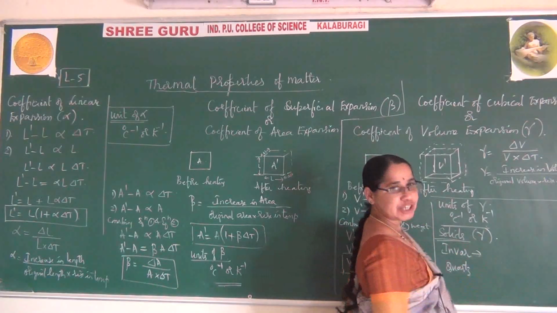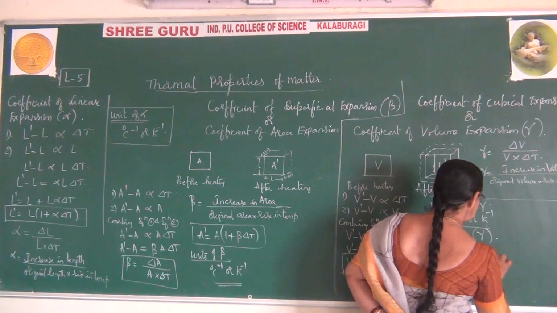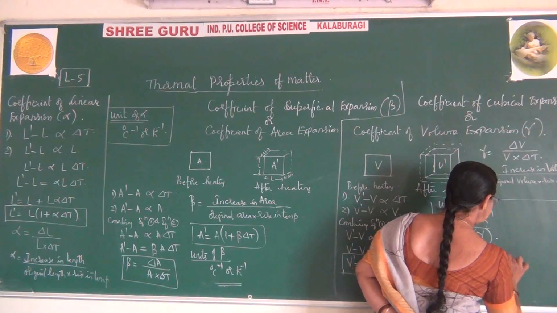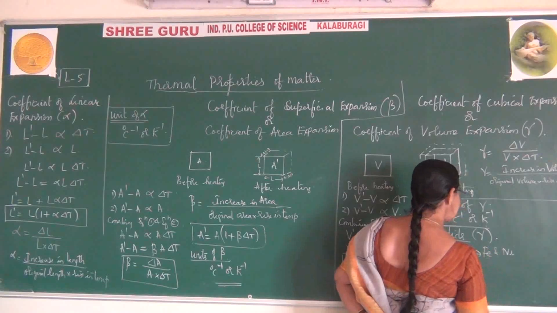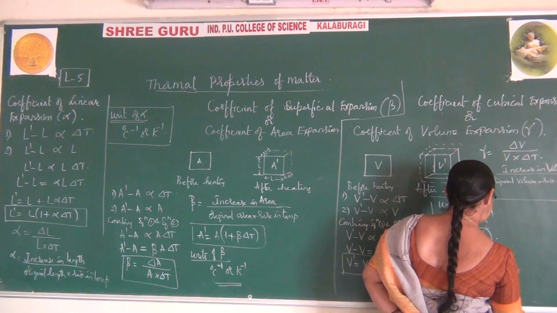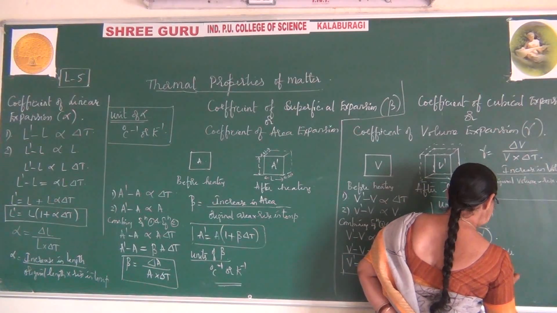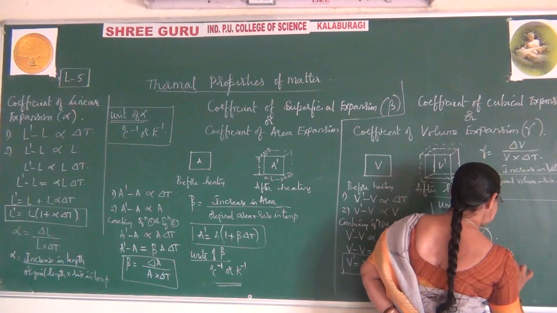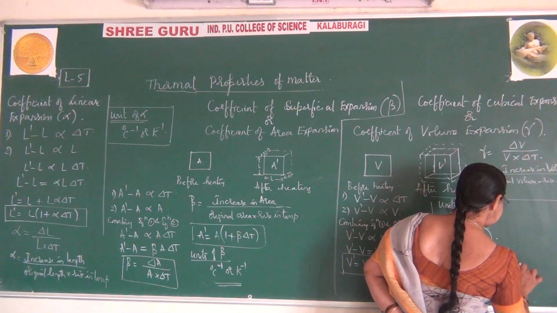Invar is a combination of iron and nickel, I said. This iron is 64% and this nickel is 36%.